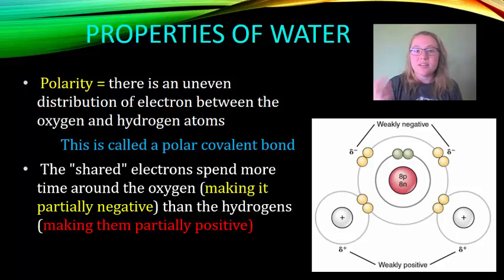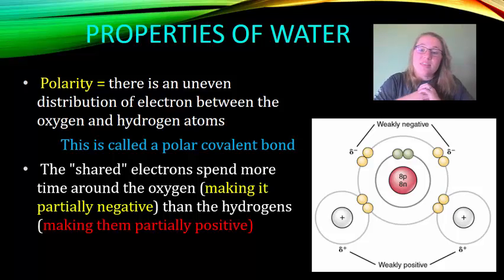So because electrons are negative and protons are positive, you have 10 electrons swirling around 8 protons near the oxygen end. And you don't really have any electrons swirling around the 1 proton on each of the hydrogens. So that means that the oxygen side is just slightly negative and the hydrogen side is a tiny little bit positive.